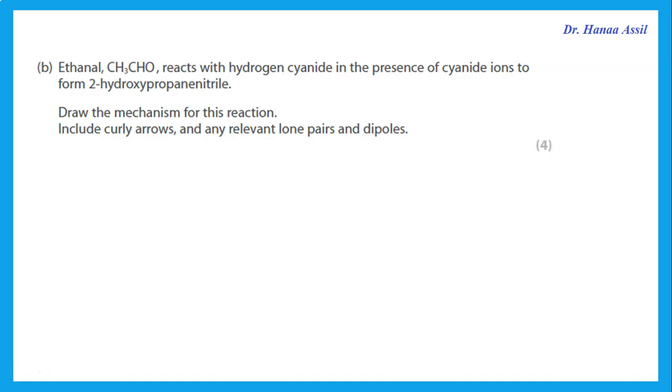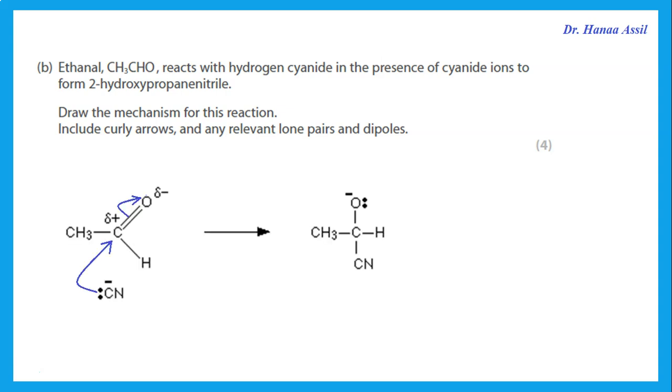Ethanal reacts with hydrogen cyanide in the presence of cyanide ions to form 2-hydroxypropanenitrile. So this is the reaction of cyanide with an aldehyde. Draw the mechanism for this reaction. Include curly arrows, relevant lone pairs, and dipoles. We're starting with ethanal. We're going to have the cyanide ion.